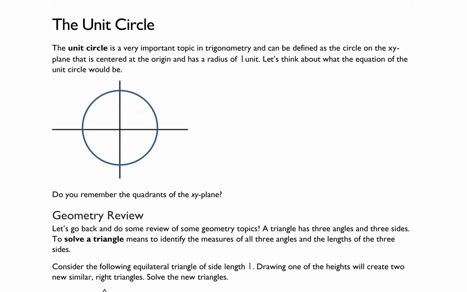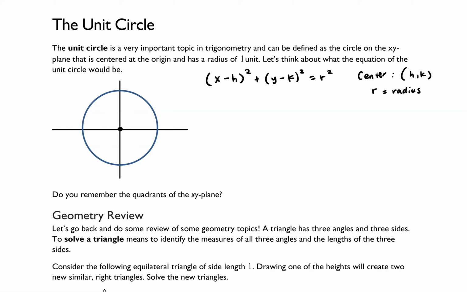In a previous math class, you would have seen that the equation of a circle is (x minus h) squared plus (y minus k) squared is equal to r squared, where the center of that circle is (h, k), and r is equal to the radius of that circle.